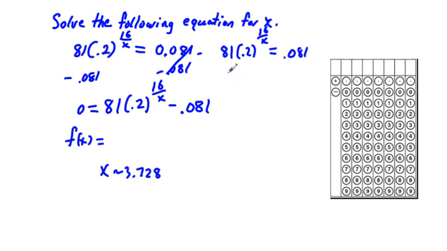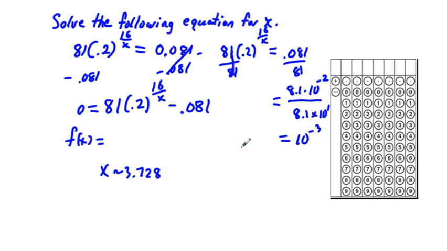If you divide by 81, you have 8.1 times 10 to the -2 over 8.1 times 10 to the first power, so you're going to get 10 to the -3 power, and that's equal to 0.2 to the power of 16 over x.